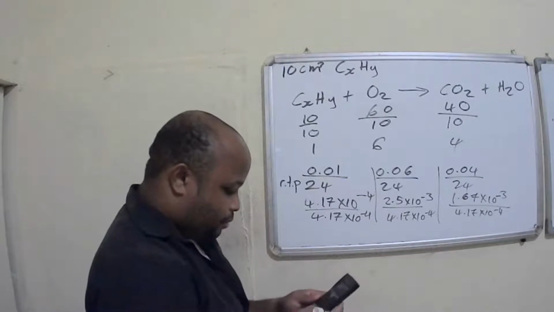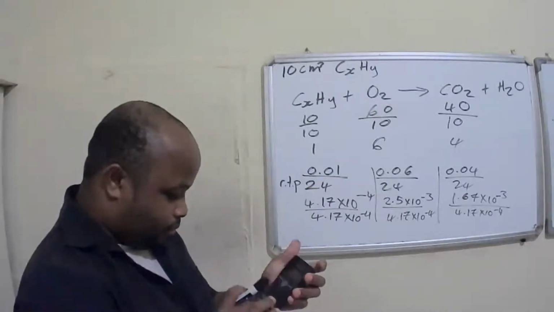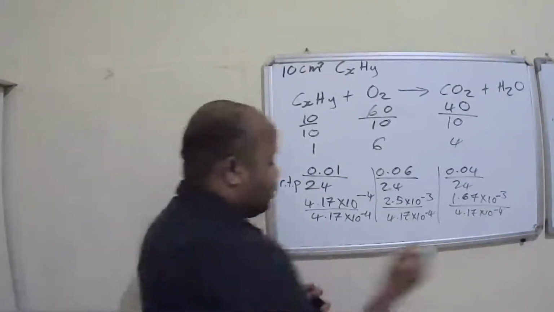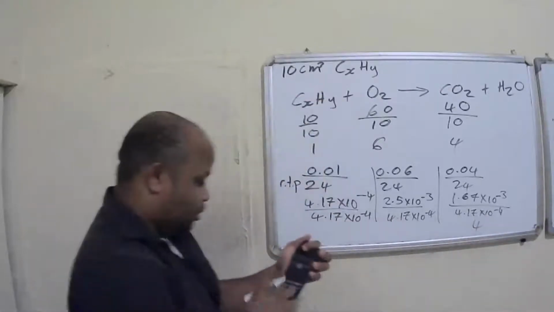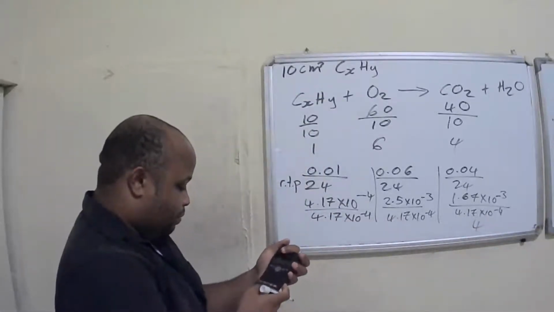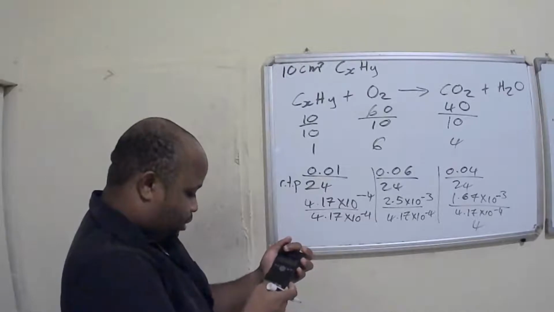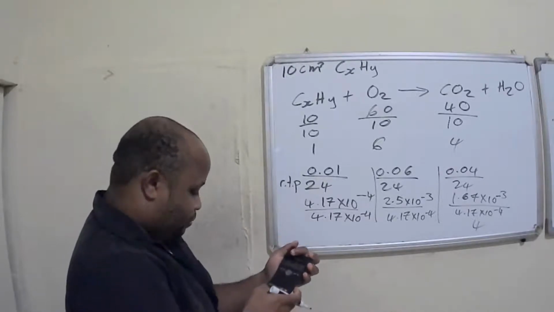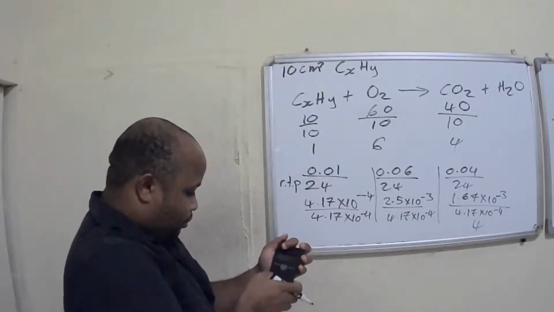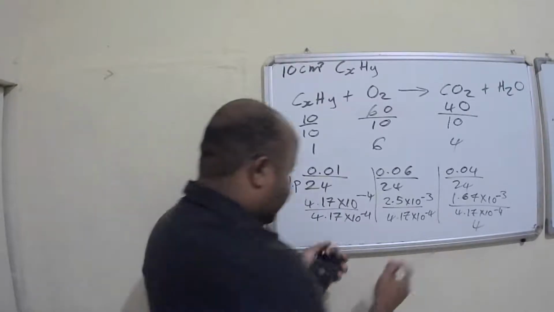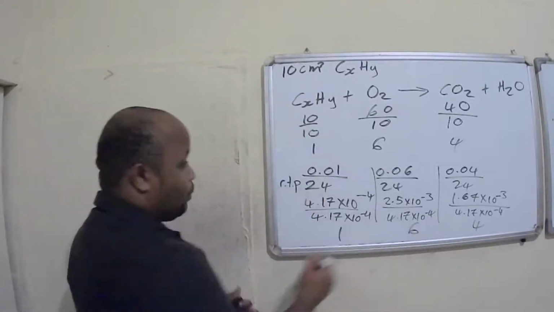So we get 1 for the hydrocarbon, then 2.5 times 10 to the minus 3 divided by 4.17 times 10 to the minus 4, we get 6, and the last one is 4.